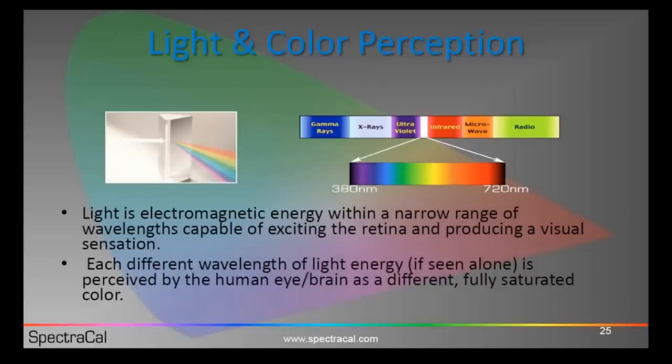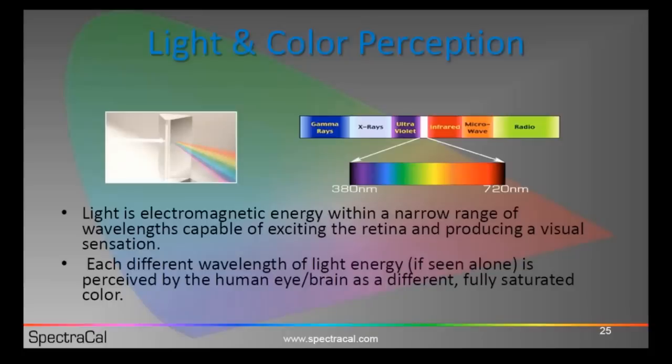Light, first of all, is actually electromagnetic energy, just like X-rays or microwaves or radio waves. Within a narrow range of wavelength, that electromagnetic energy, when it impinges upon the eye, excites the retina and produces a visual sensation that we know as light.